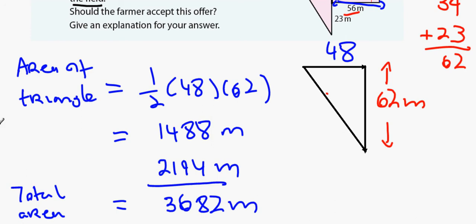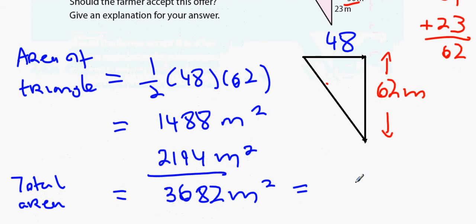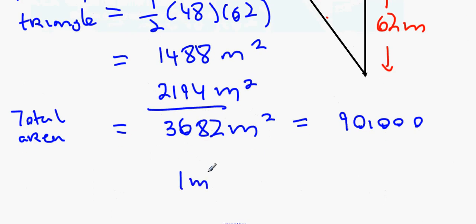Okay? Now, 3,682 meters squared, Mr. Dunn wants to offer 90,000 for this, okay? So we have to find out how much 1 meter squared costs. So 1 meter squared must equal, bring over to 3,682. It was multiply. Now it's going to be divide because it's over the other side.